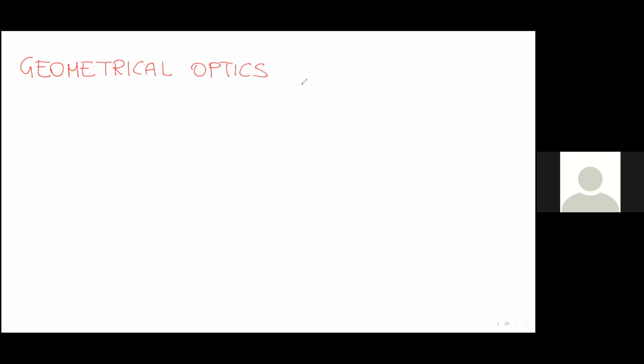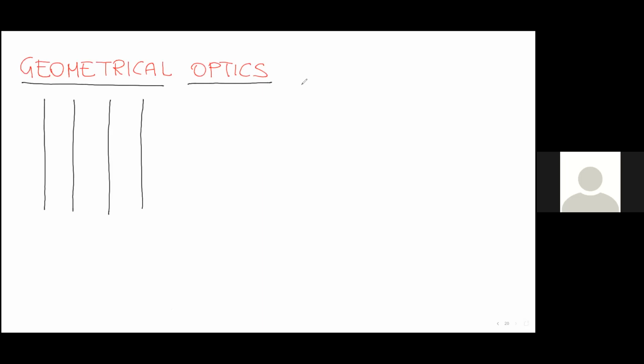And what do we mean by geometrical optics? We said that light, or an electromagnetic wave, can be represented by its wavefronts. So planes where the phase is constant, okay?